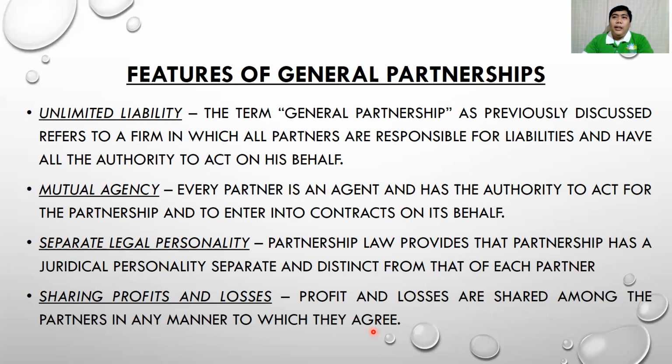Meaning if the profits are high, of course the share of that industry partner is justifiable, it is just, and it has equal proportion to the other partners also. And take note that an industry partner does not share in the losses. The industry partner only shares in the profit, but cannot share in the losses because in the first place, he did not contribute any cash or property.